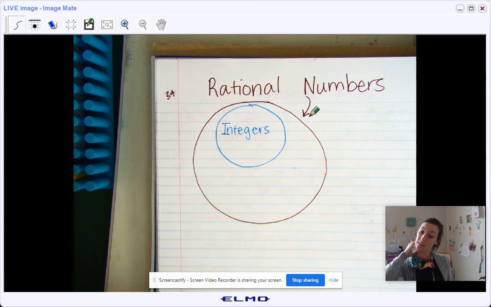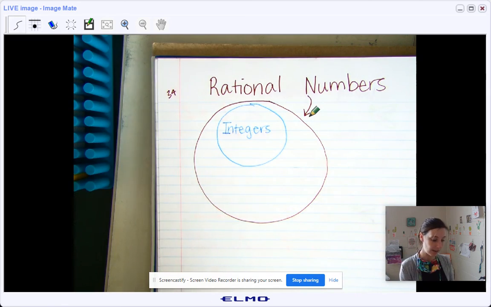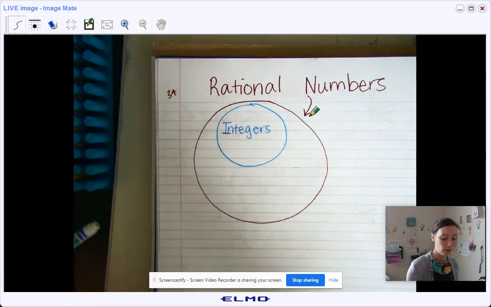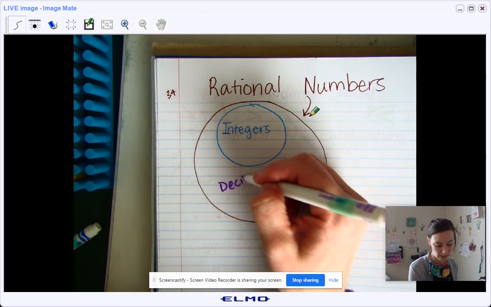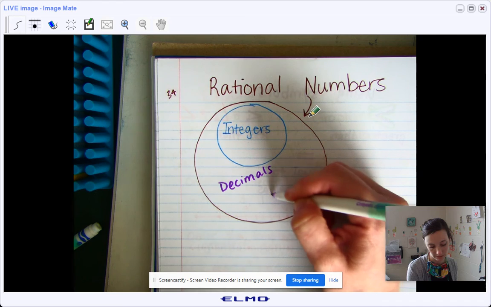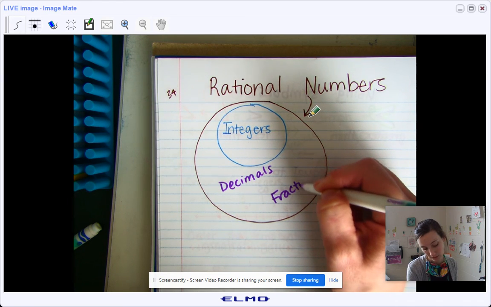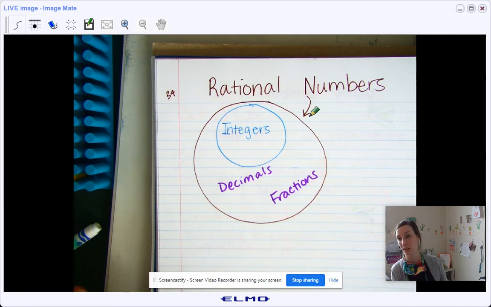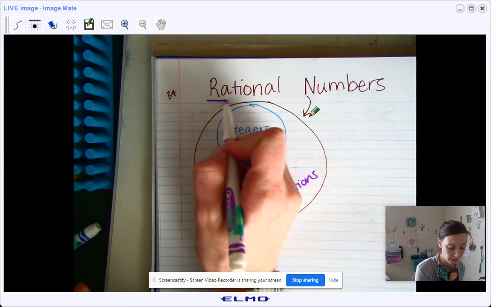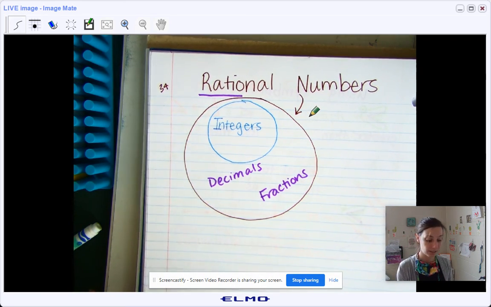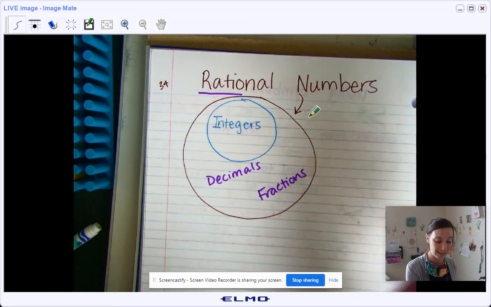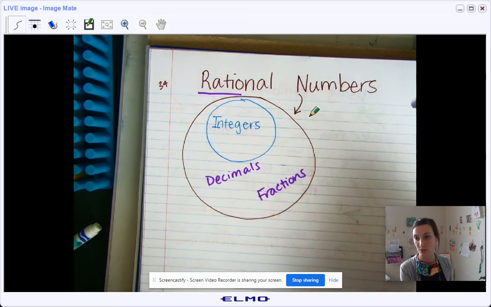So other things that can be rational numbers are decimals and fractions. And actually, a rational number has ratio in the name. I don't want to get you too far down the rabbit hole, but it is considered a rational number if you can get it by dividing two integers by each other.